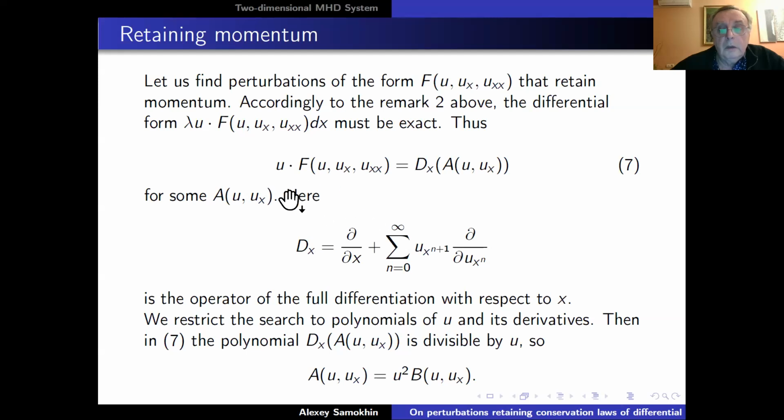That means that this is the generating function of momentum, and this is the additional member in the perturbed equation.